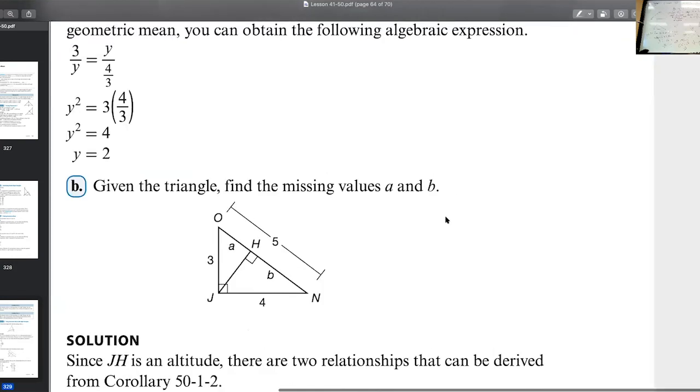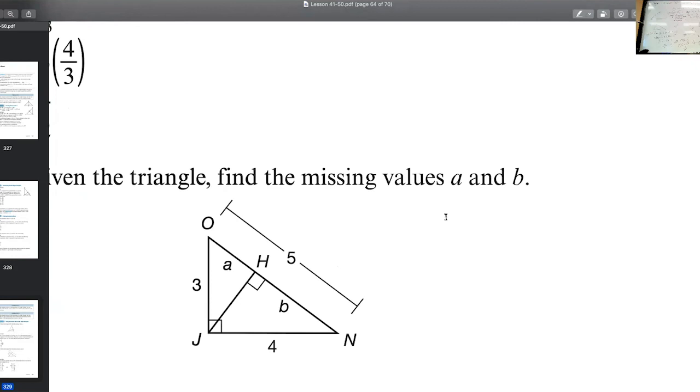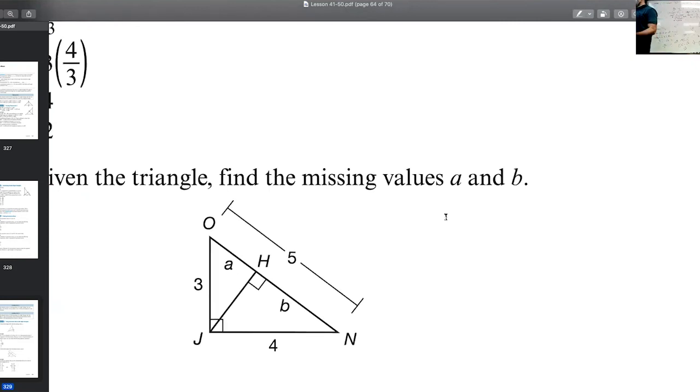All right, so let's try one that's a little easier. So this time we're looking for A and B. Anyone know how to find A using corollary 5.1.2? Anyone know?